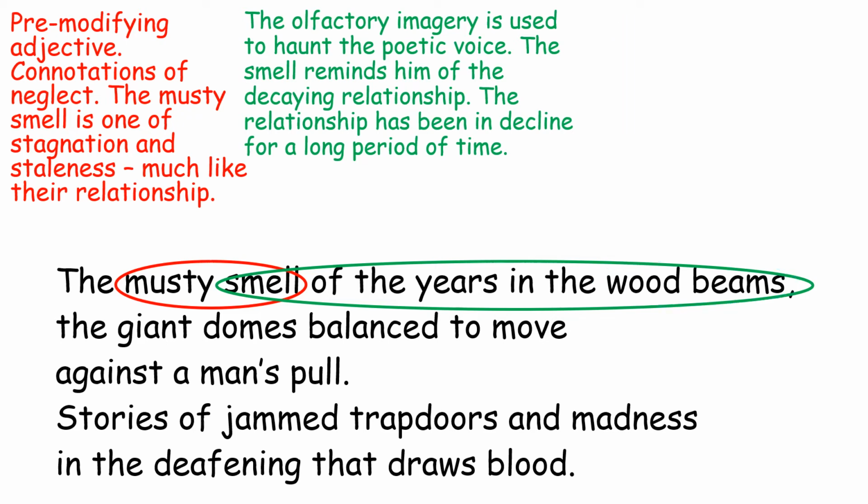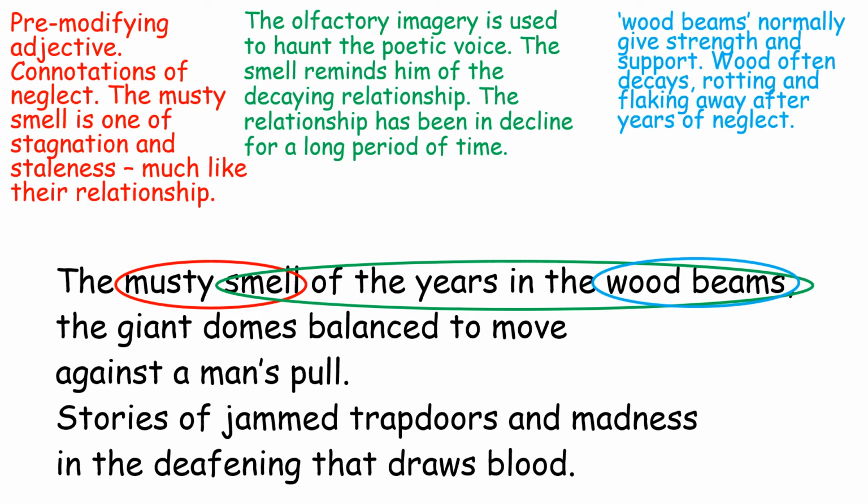The imagery used at the end of the line, wood beams, has connotations of strength and support. Much like the imagery used in both of the poems that we're looking at, the word father may suggest strength and support. It may show intimacy and love and feelings of undying devotion.